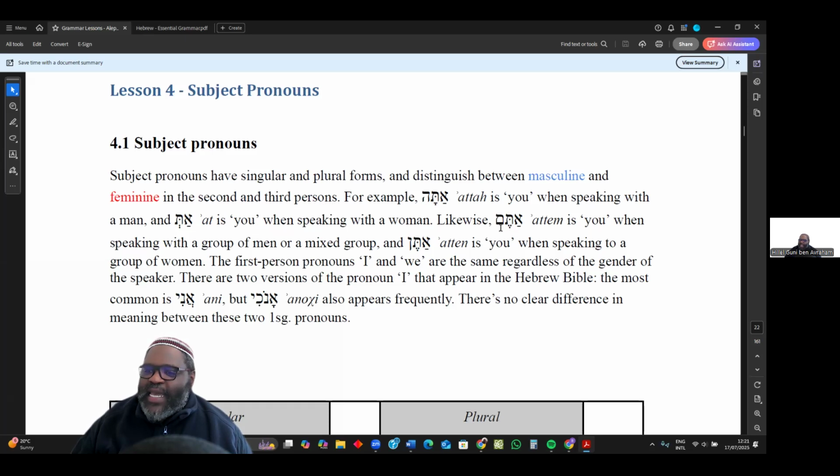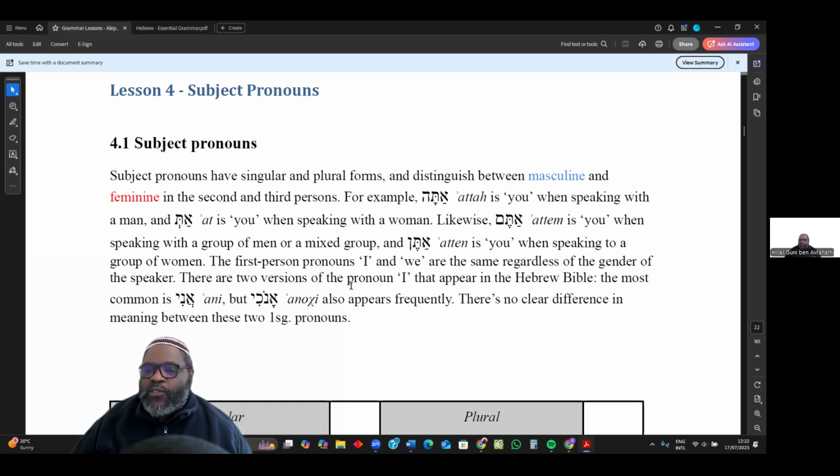Likewise, atem is you when speaking to a group of men or in a mixed group of men and women, and aten when you're speaking specifically to a group of women. The first person pronouns I and we are the same regardless of the gender of the speaker.